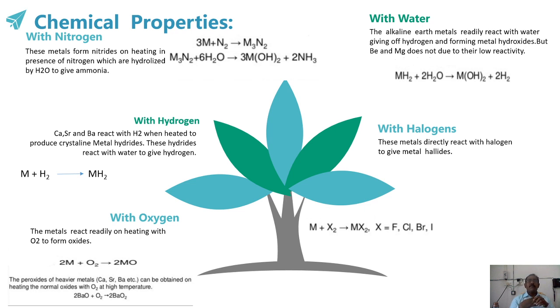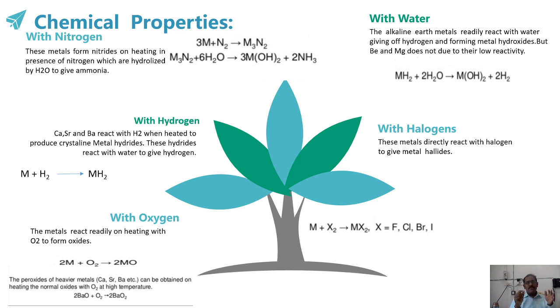The third reaction is with nitrogen, the top left corner. These metals react with nitrogen and form metallic nitrides. Like the hydrides, these metallic nitrides react with water to give ammonia gas and metallic hydroxides. We have given a general formula; you can write it for individual elements.